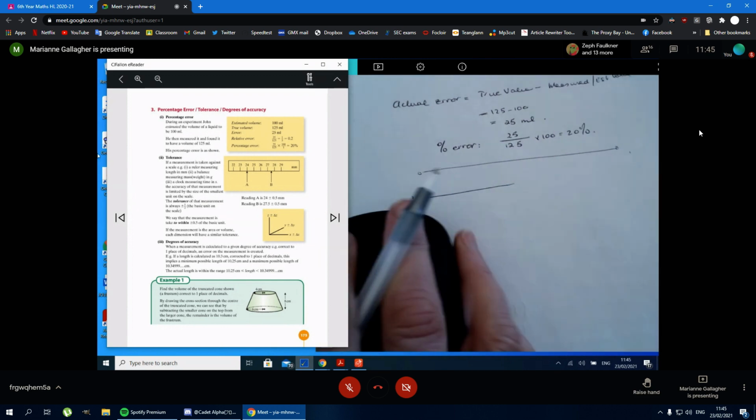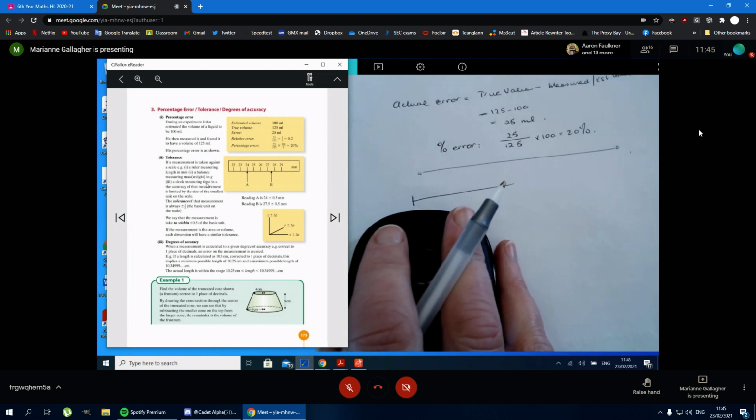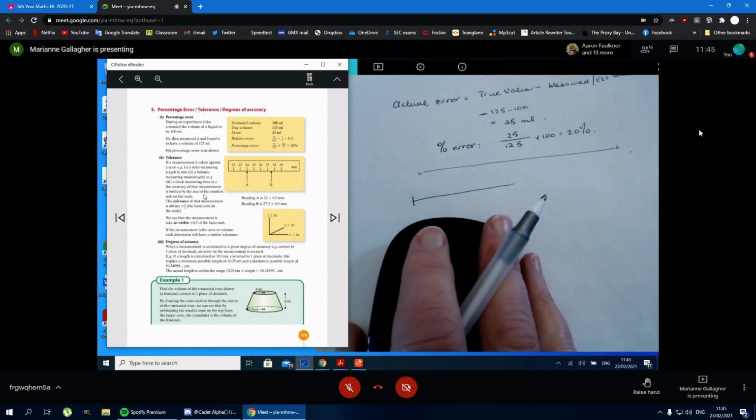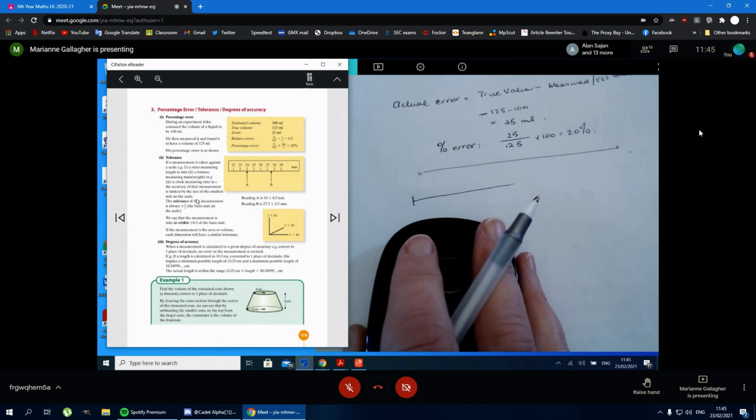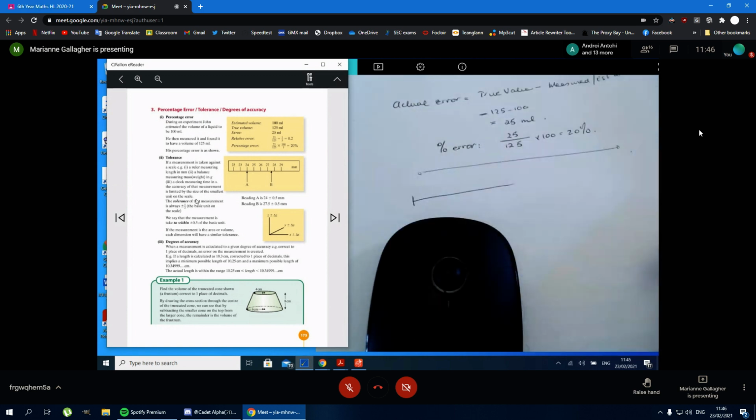So if we read through that: if a measurement is taken against a scale, for instance a ruler, or a balance measuring mass, or a clock measuring time, the accuracy is limited by the size of the smallest unit. On a ruler, it's normally millimeters. On a balance, it's normally grams or ounces. In a clock, it's obviously seconds.